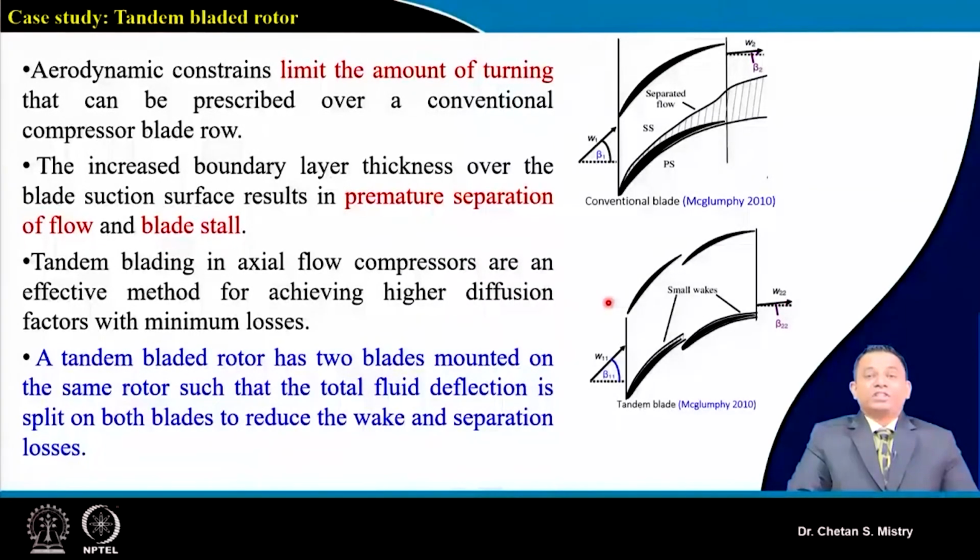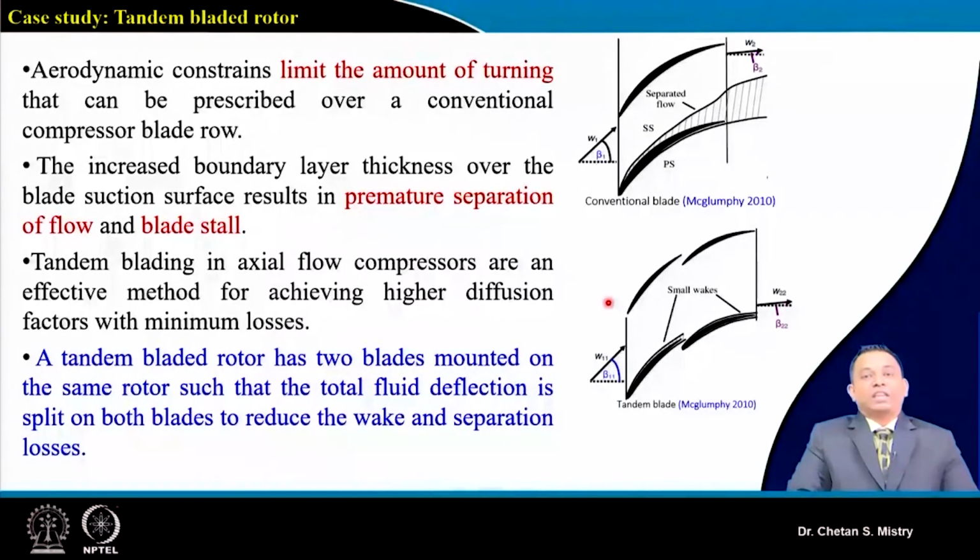And we have discussed, in order to improve per stage pressure rise, we need to go with larger diameter, or larger rotational speed, or higher axial velocity. We have discussed what all are the challenges when we are talking about all these aspects.